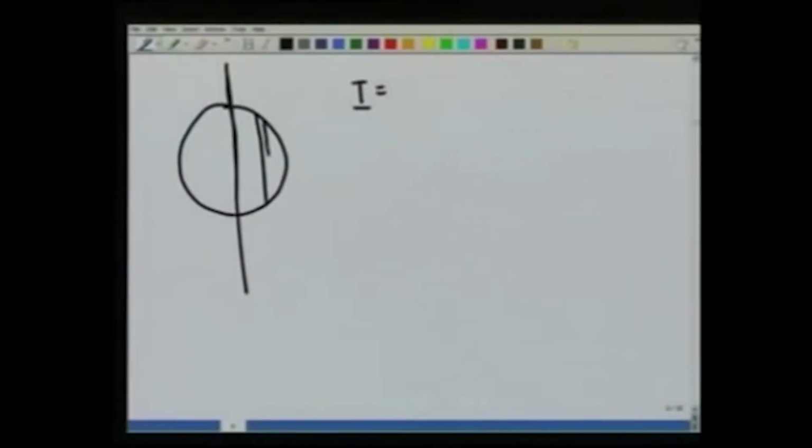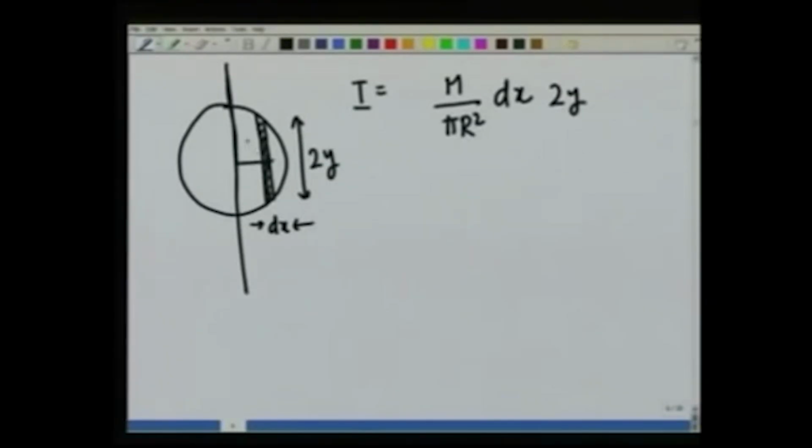For calculating a moment of inertia about this, I will take a strip on the disk like this of width dx, so that its mass is going to be m over pi r square dx times this length, which I will call 2 times y, where y is this length.